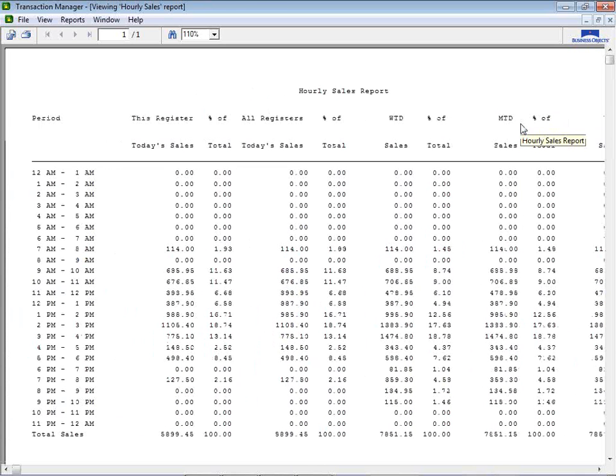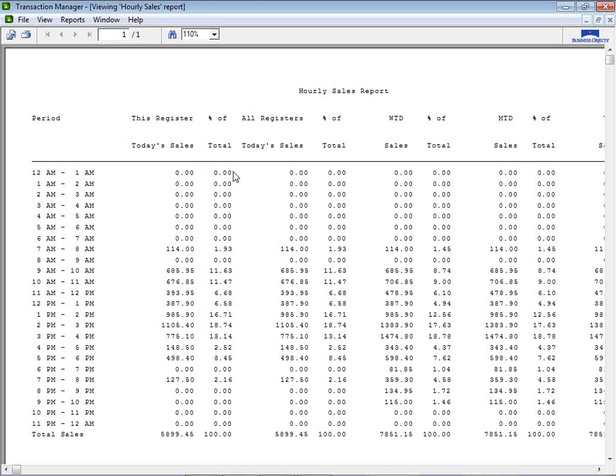Okay, in the case of the hourly sales report, what we're doing is breaking sales down by the hour of the day. So what you're seeing here, especially if you're looking at the percentage side, is when are my stores the most busy? Maybe I want to staff more people when I've got 18% of my sales happening between 2 and 3 versus 2% of my sales happening between 7 and 8.